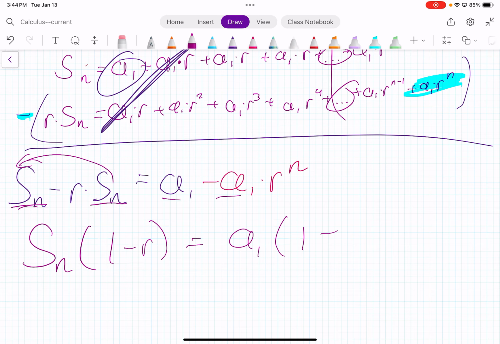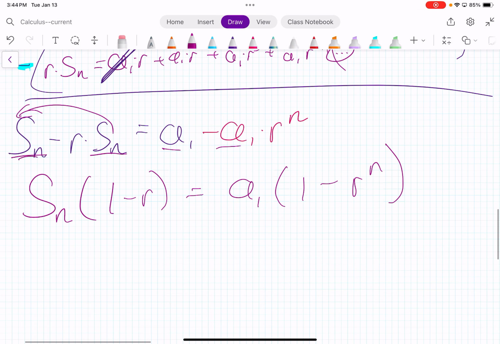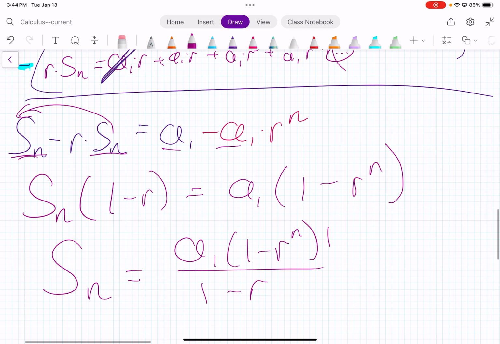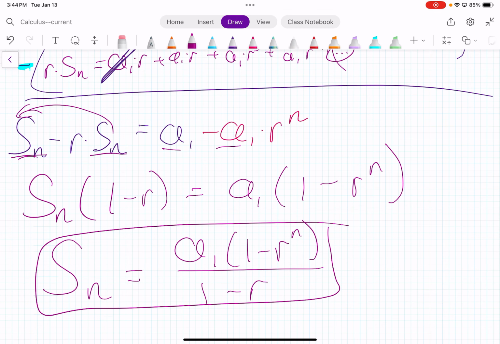And I get a 1 minus r to the n. So if I want to know what the sum is, it has to be that, just dividing both sides by 1 minus r.